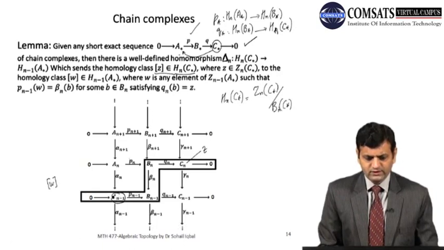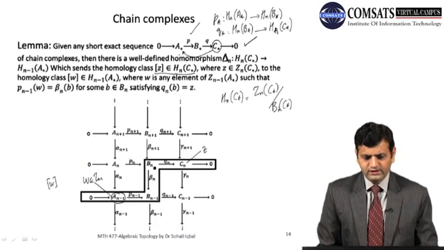So W lives inside here, where W is an element of Zn minus 1, which is contained in An minus 1, such that Pn minus 1 of W is equal to the boundary of B, where B is an element of Bn, satisfying the condition that when I apply Qn on B, then I should get Z.